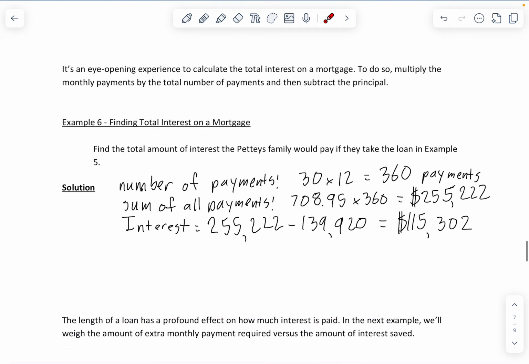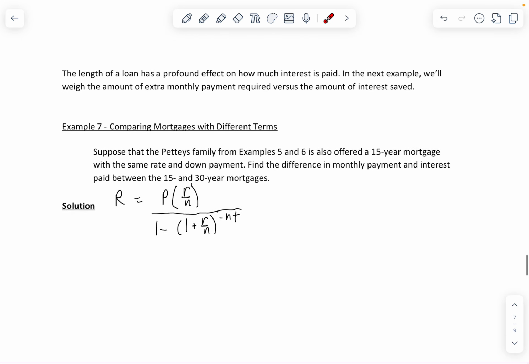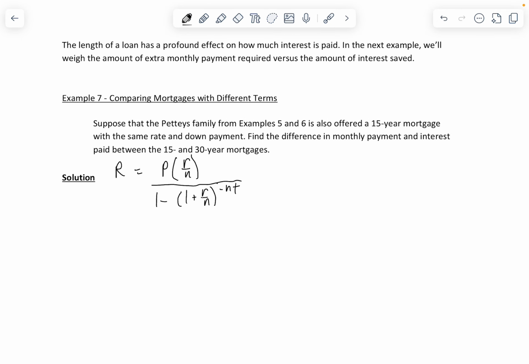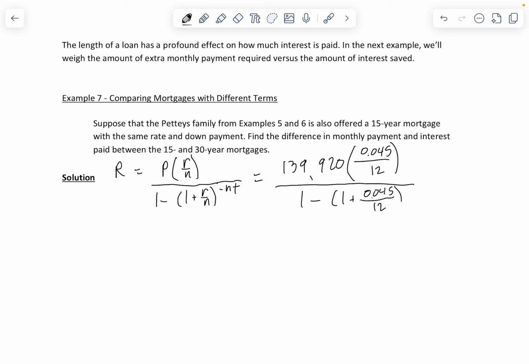All the other numbers stay the same except for the value of T. Okay. So plugging in the numbers, I get 139,920 times 0.045 over 12 over 1 minus 1 plus 0.045 over 12 raised to the power of negative 12 times 15 instead of 30.